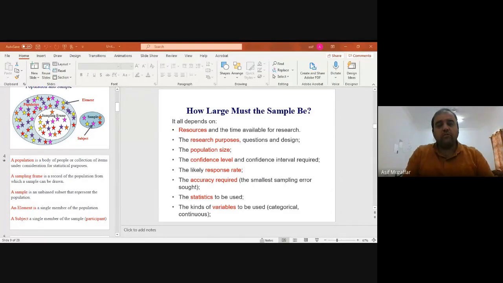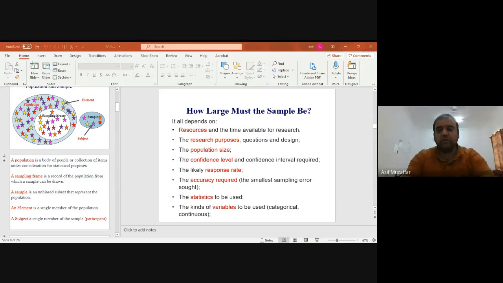Now, there are two things. Is it possible to collect information from all of them? No. Even if it is possible, it is difficult to collect information from all of these students.